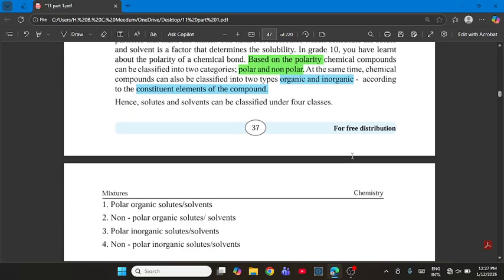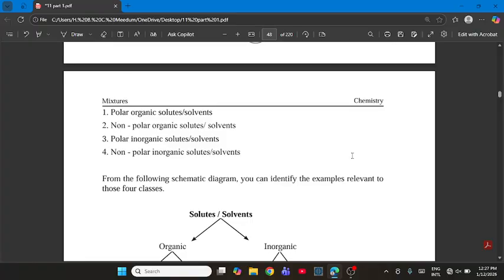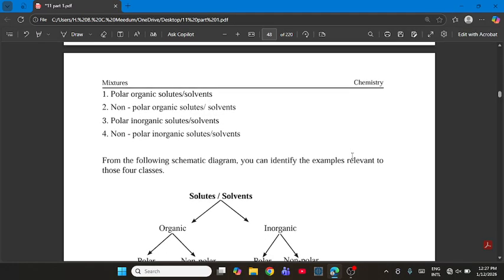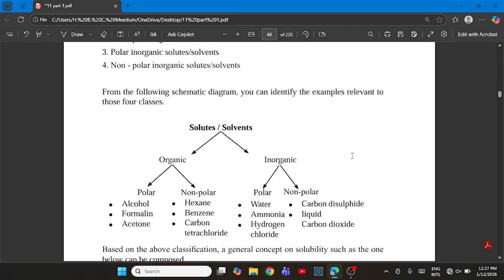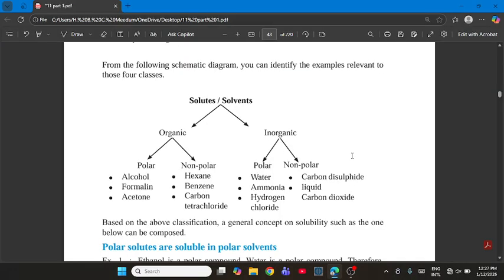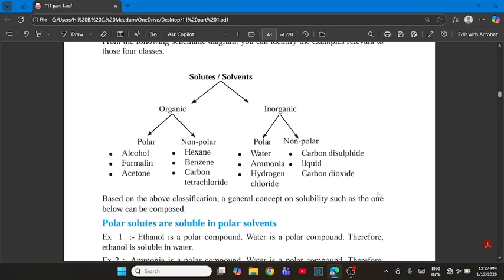Hence, solutes and solvents can be classified under 4 classes: polar organic, non-polar organic, polar inorganic and non-polar inorganic. From the following schematic diagram, you can identify the examples relevant to those 4 classes.